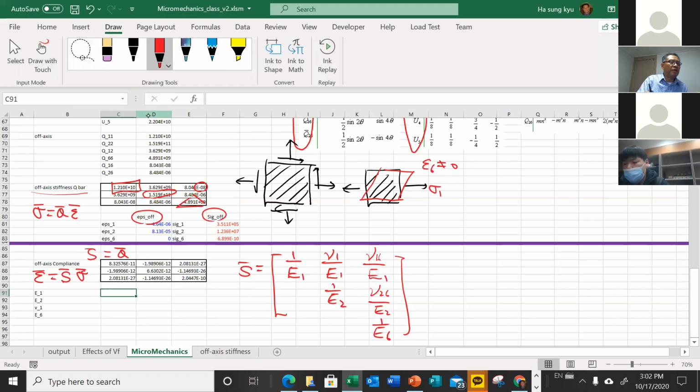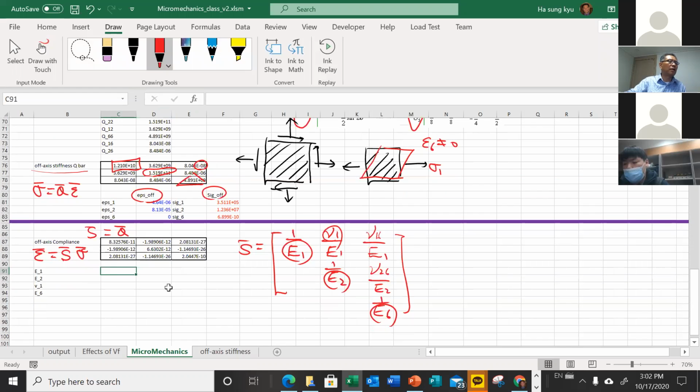Very important is epsilon 1 and the E1 and E2 and this one. Okay, we can define the Poisson's ratio for the coupling term, but let's do it later. Importantly, E1, this is simply what?